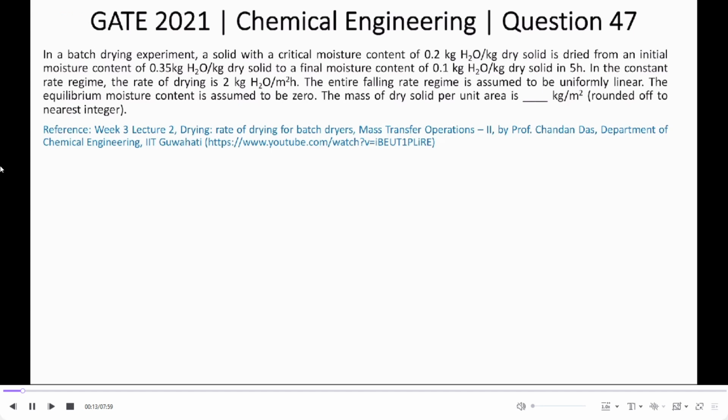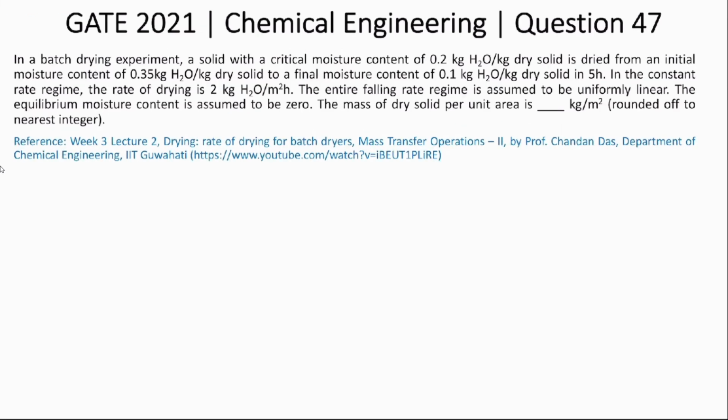So, in a batch drying experiment, a solid with critical moisture content of 0.2 kg water per kg dry solid. Here you can see this moisture content is represented on a dry basis with the unit kilogram of water per kilogram of dry solid, and it is dried from an initial moisture content of 0.35 kg water per kilogram of dry solid.